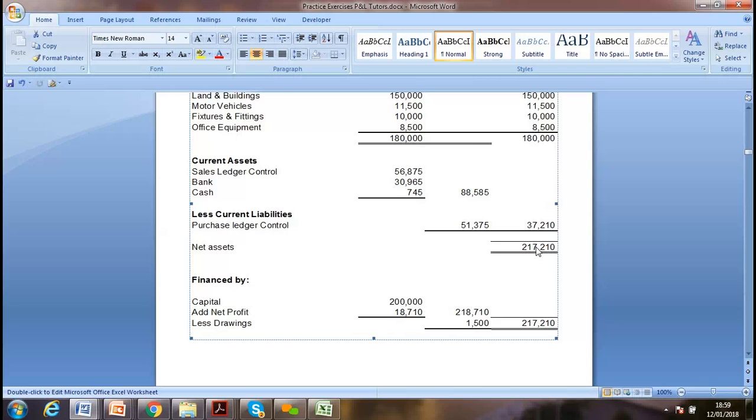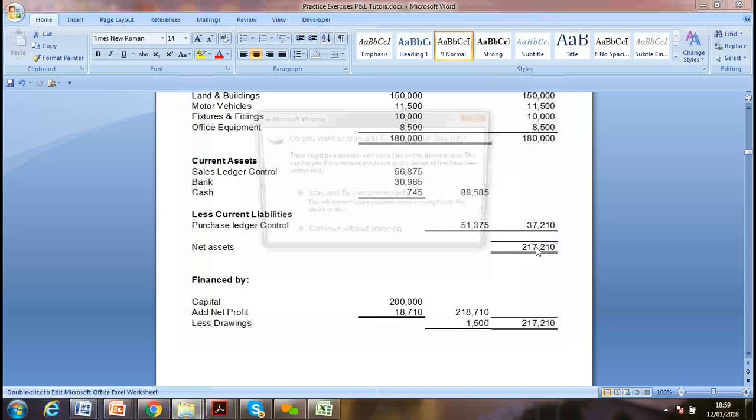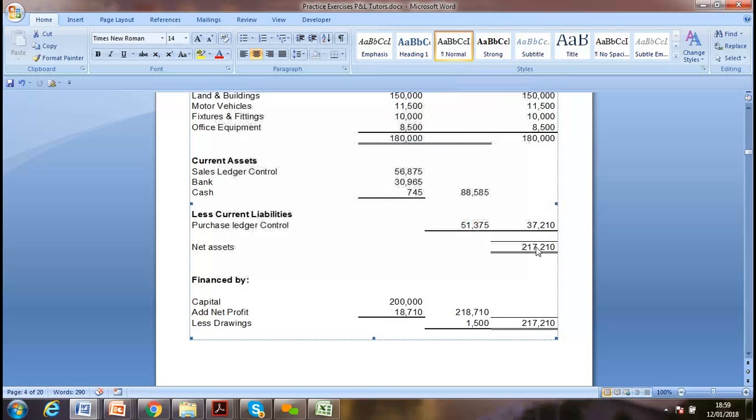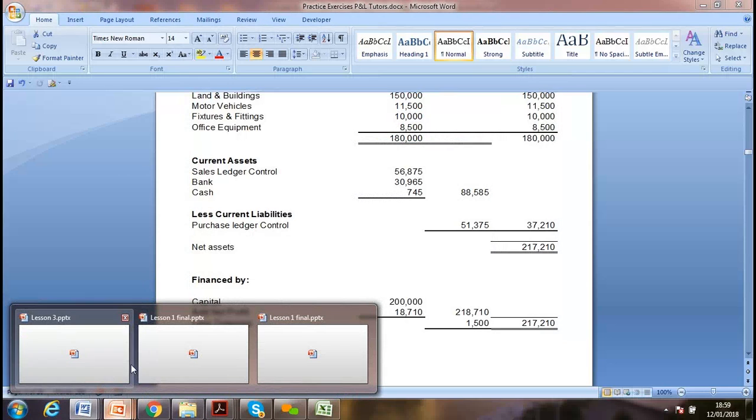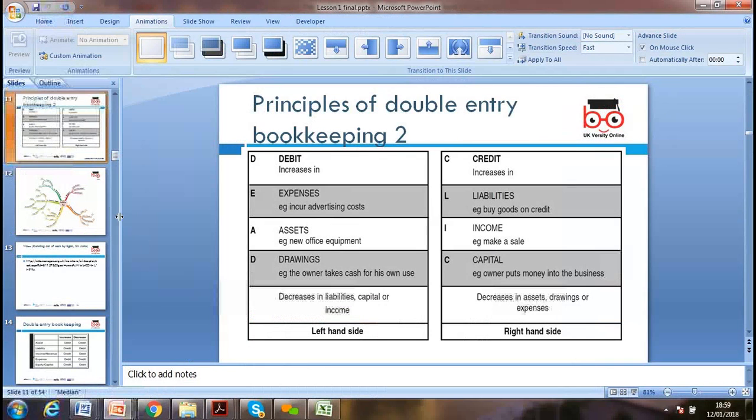So like we learned the accounting equation, where we said our net asset is equal to our capital. Asset is equal to liability plus capital, like in our first lesson when we said accounting equation.